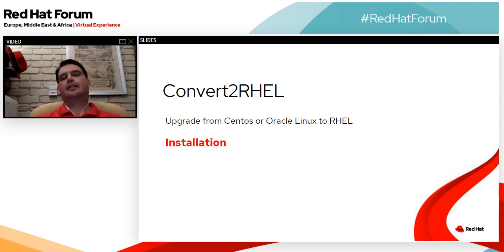So I'll be taking that. I'll be talking a little bit about Convert2rhel. You can see some of it happening in the video. But please, if you do want to experiment with this, don't do it on production as your experiment.